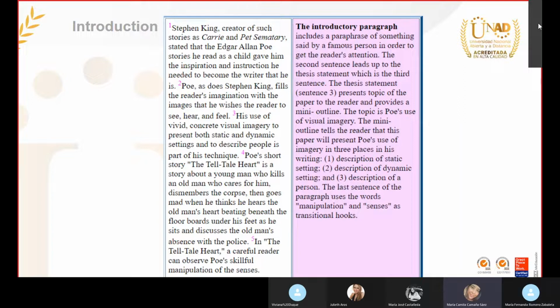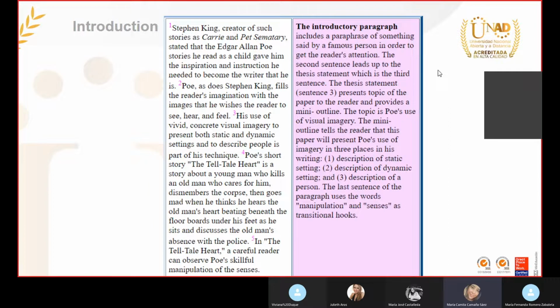Poe, as does Stephen King, fills the reader's imagination with the images that he wishes the reader to see, hear, and feel. His use of vivid, concrete visual imagery to present both static and dynamic settings and to describe people is part of his technique.